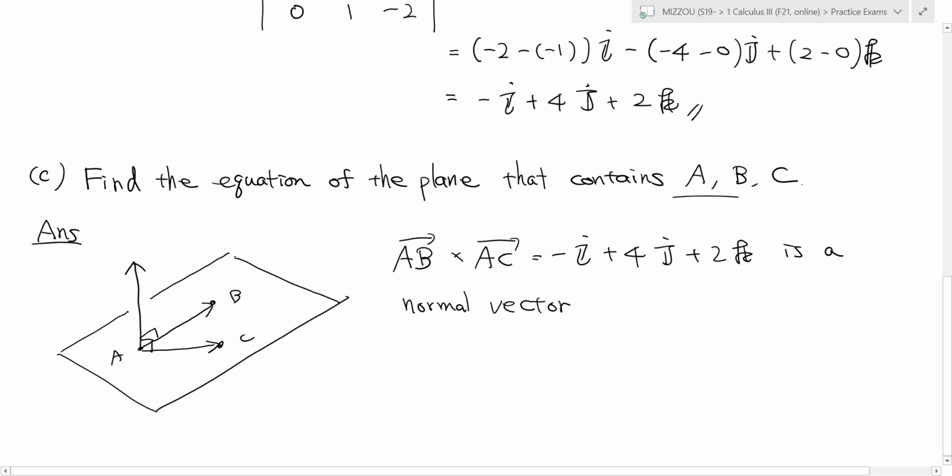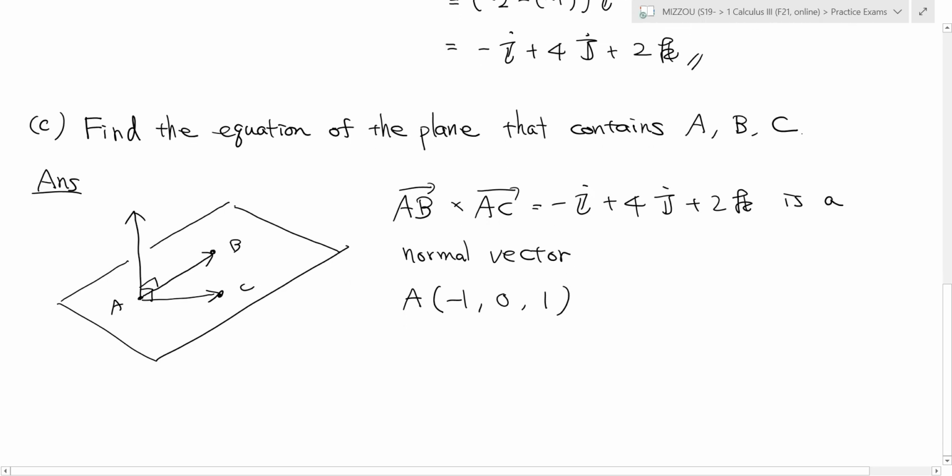And then, like I said, as your point, you could use any one of those. Let's use A. It doesn't matter which one. Negative 1, 0, 1. So that means the plane we are looking for has this as a normal vector, and it goes through negative 1, 0, 1.